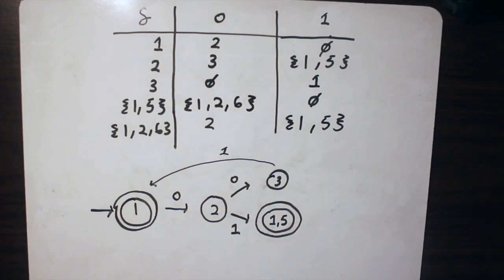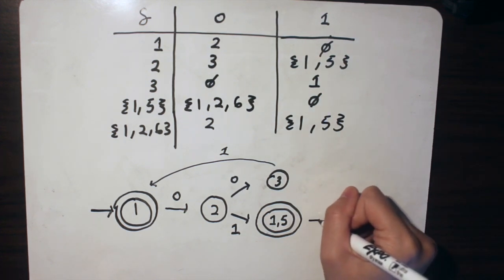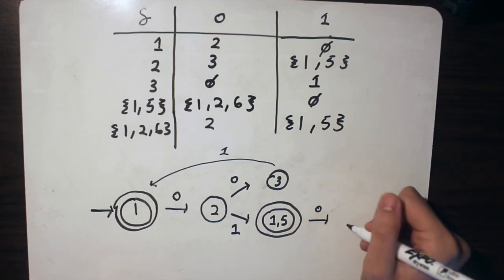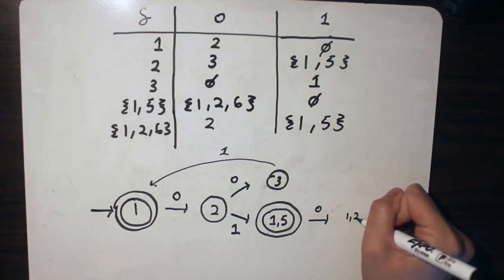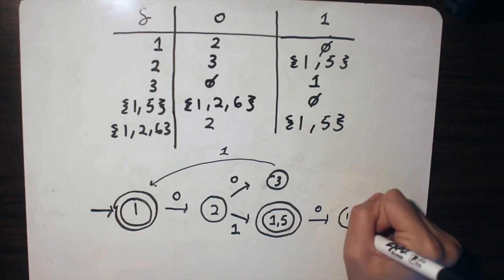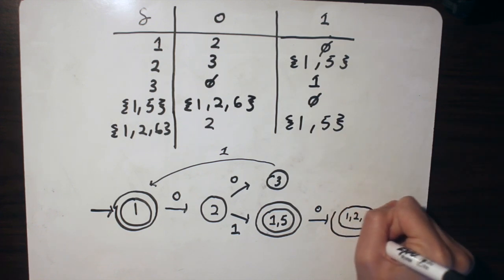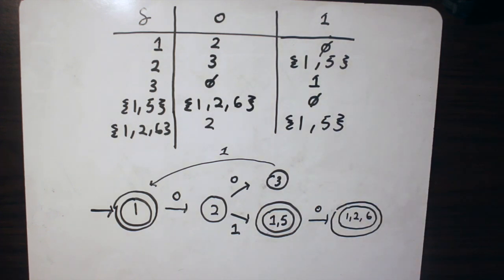All right, so now let's see, in this state 1, 5, where else can we go to? So we need to create this new state because on an input of 0, we can go to this state 1, 2, and 6. And again, like I said, you want to put a double circle because this contains a 1 in the set. And now let's see from this state in our table, where can we go to?